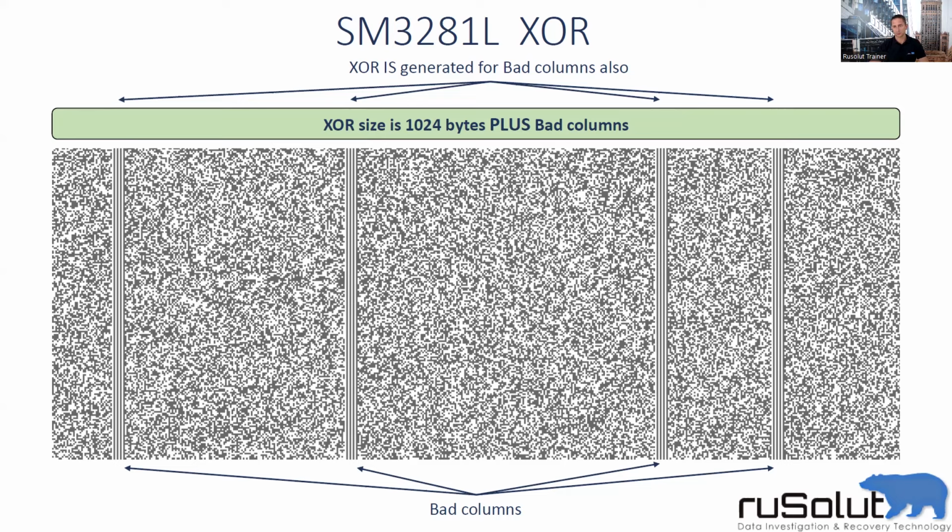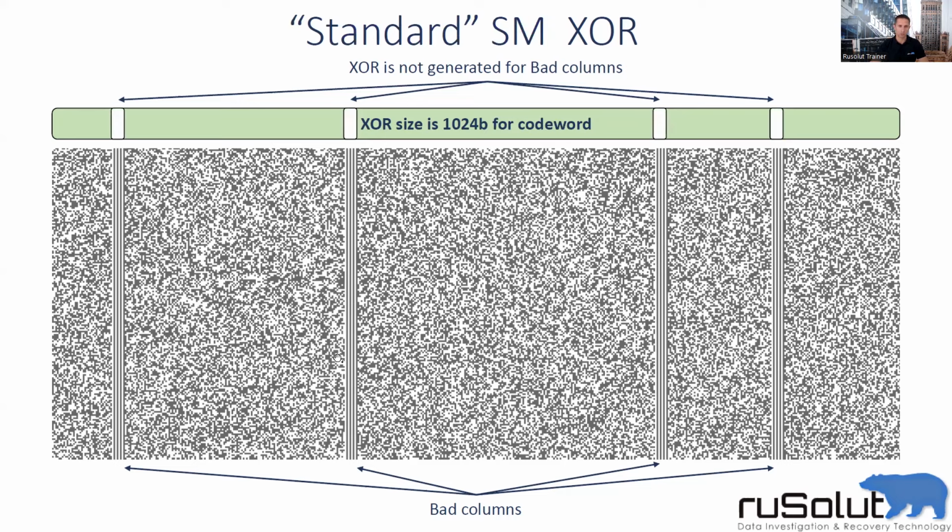If you try to use the XOR key from the database, if you try to use the old approach, it will just not work. You need to have the new version of VNR, and only then can you recover such cases at this moment.